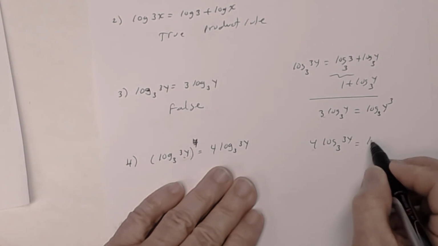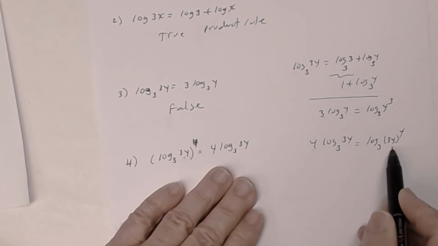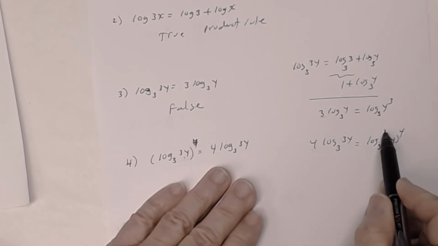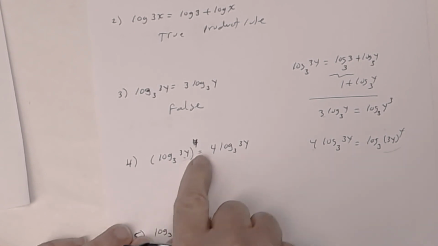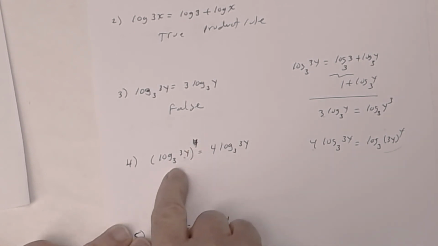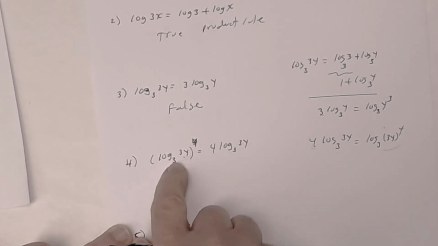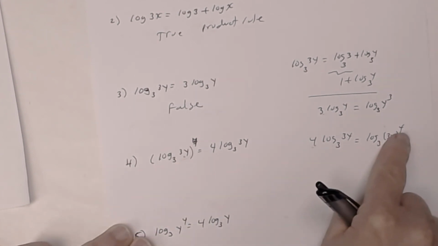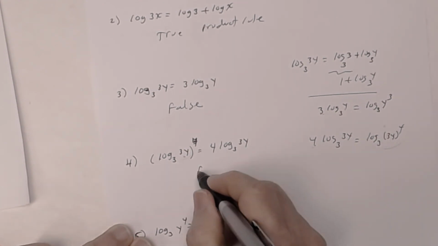So this becomes the log base 3 of 3y to the 4th. So notice this does not mean the same thing as that. Because if you look at the 4, what's being raised to the 4th power is only 3y. All right, and so that one's false.